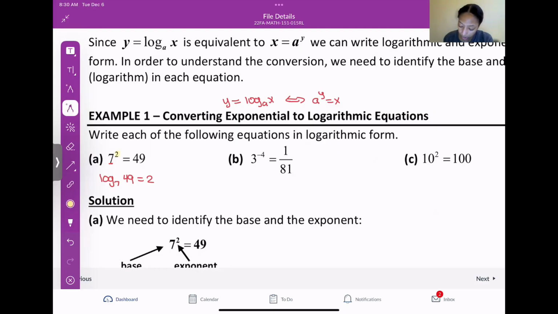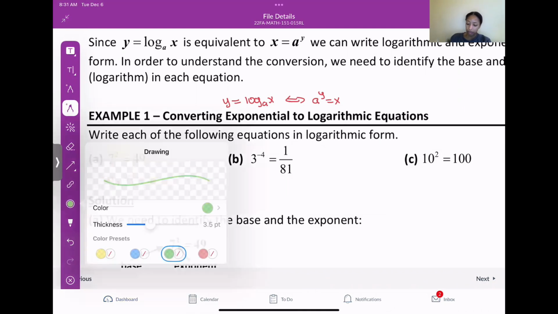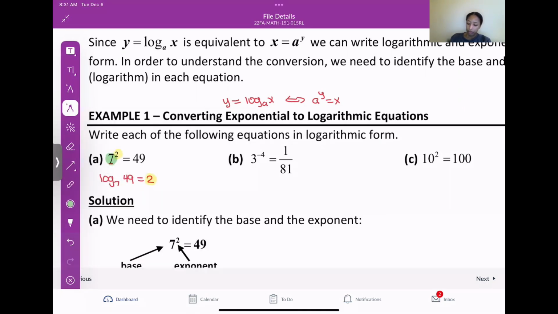And again, the logarithm is equal to the exponent. All right. So again, where did all our pieces go? The base of the exponential equation is the base of the logarithmic equation. Whatever the exponent equals is what the logarithm should equal. And whatever the exponential expression equals, that's what we're taking the logarithm of.